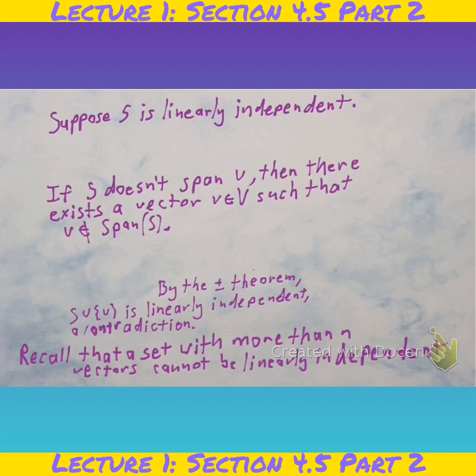But how many vectors does the set S union v have? S has n vectors, and adding v to the set S, it will have more than n vectors. So we're saying that this set is linearly independent, but it's got more than n vectors, which is impossible.